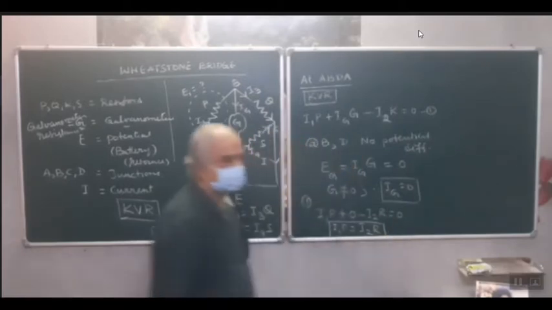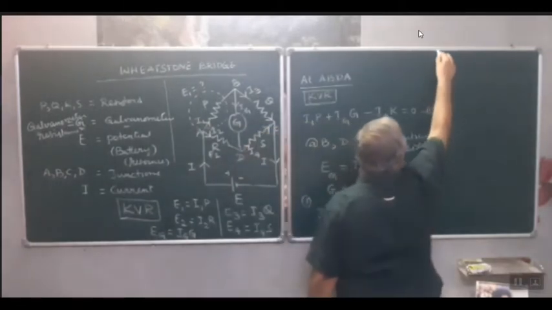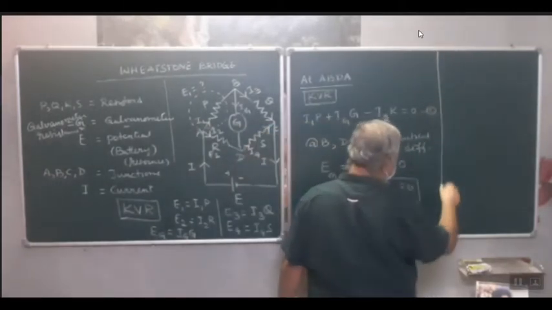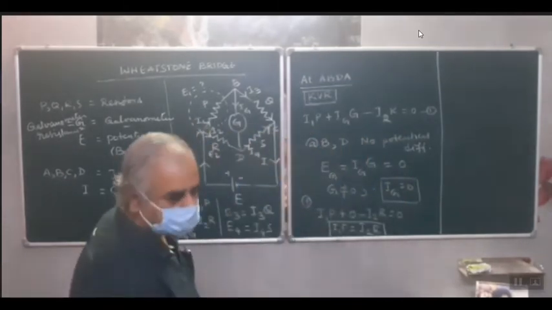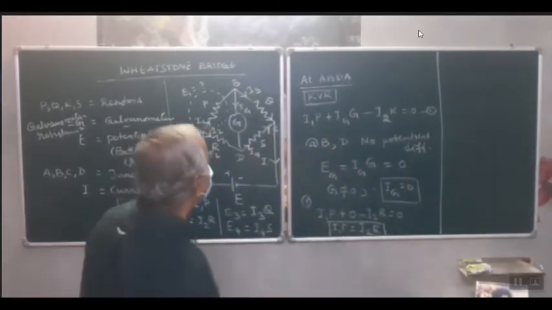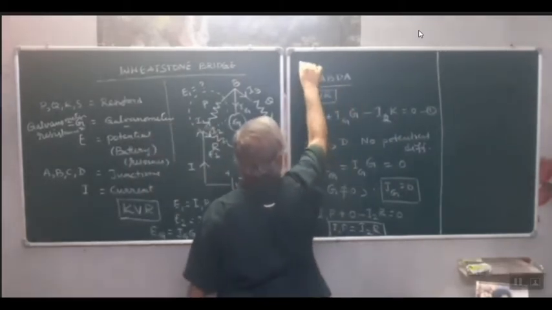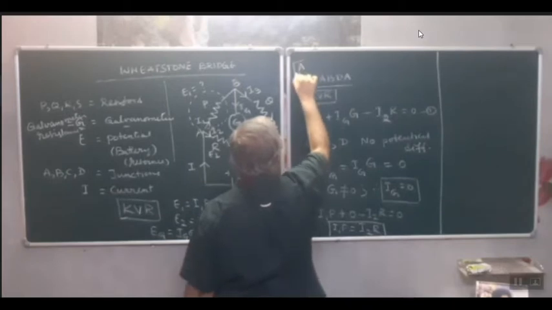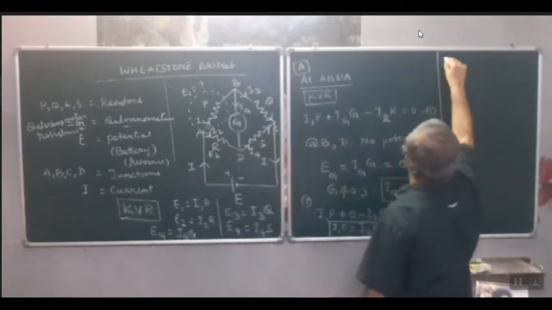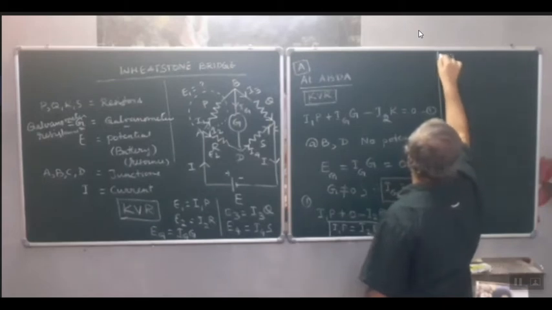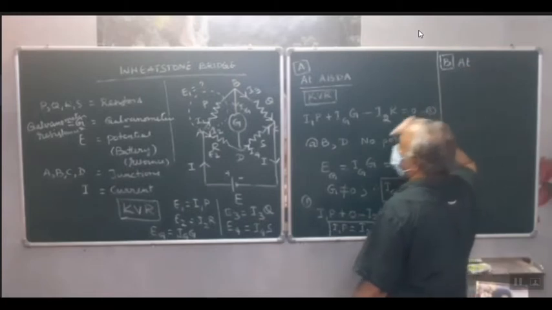Therefore, I1P is equal to I2R. So we have considered the triangular loop ABDA.